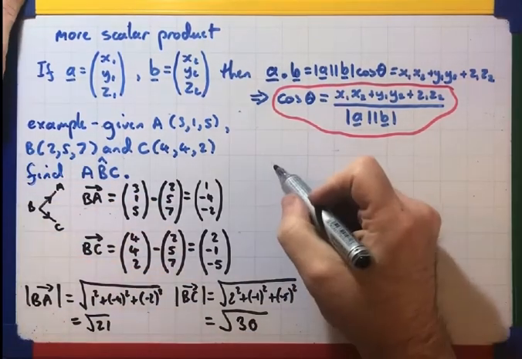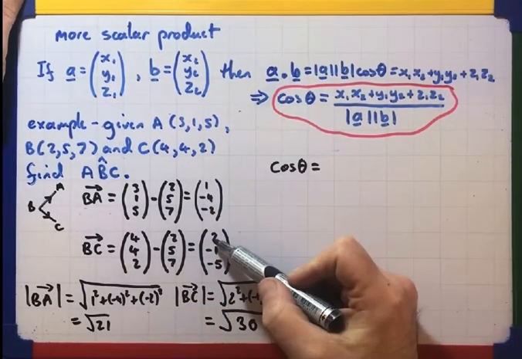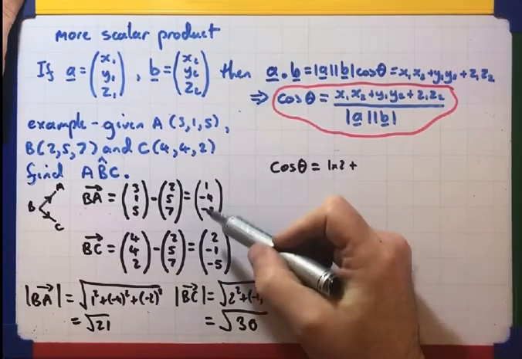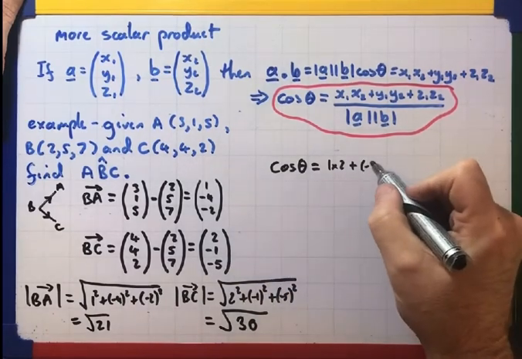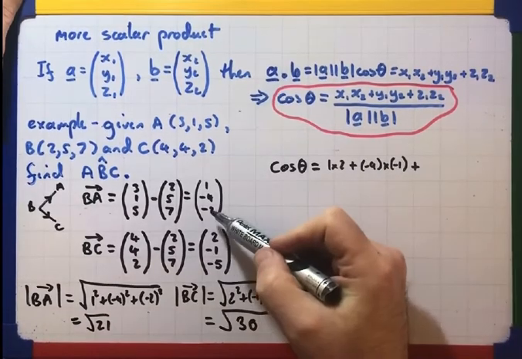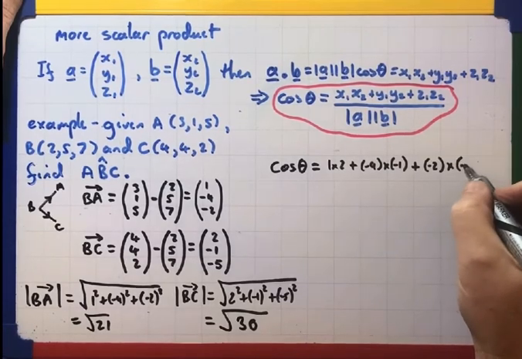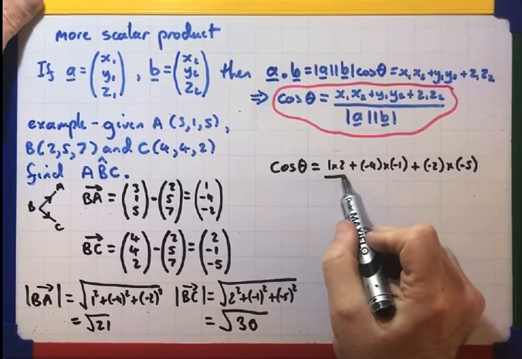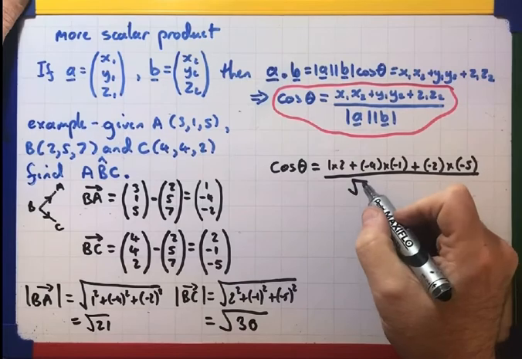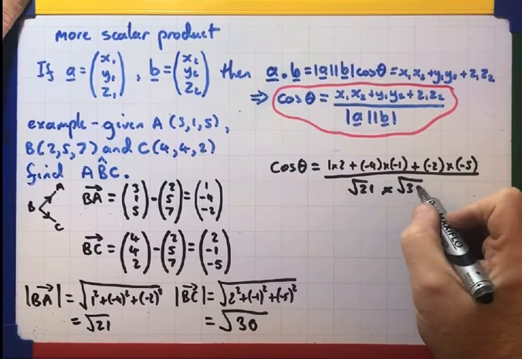So we can use this now. Cos theta is going to be x1 x2, so 1 times 2, plus minus 4 times minus 1, plus minus 2 times minus 5, all over root 21 times root 30.